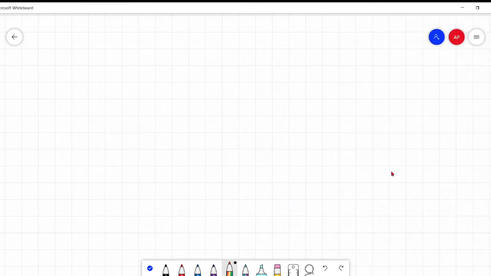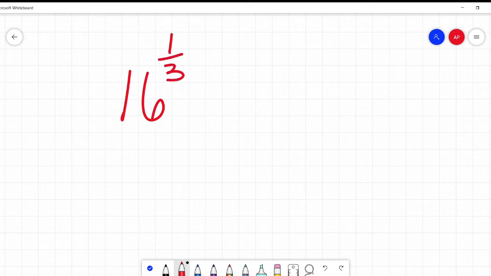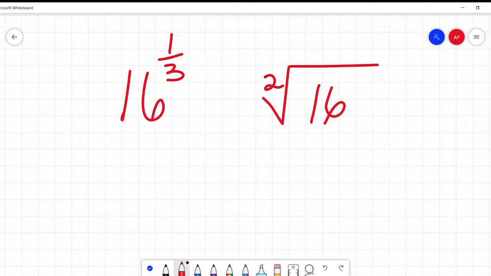Well, that's 1/2. What if it is something to the power of 1/3? Well, here's the thing. When we say square root, we don't have to write it. If we're saying square root of 16, it's understood there's a 2 right there. We don't usually write it because we know that just means square root.